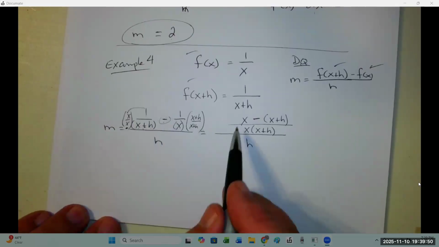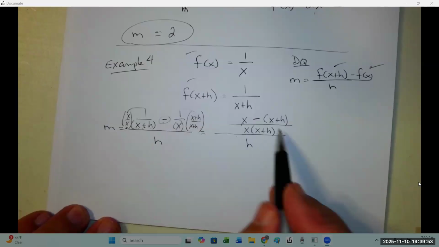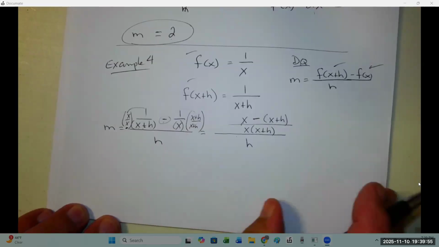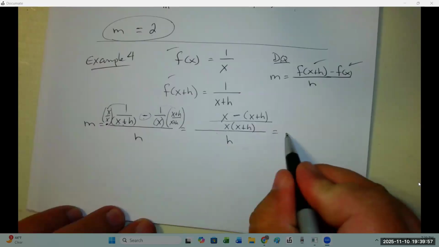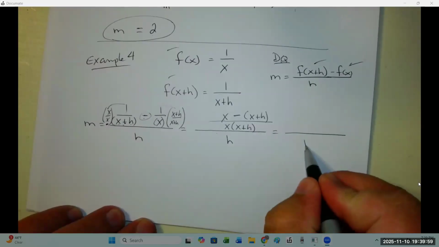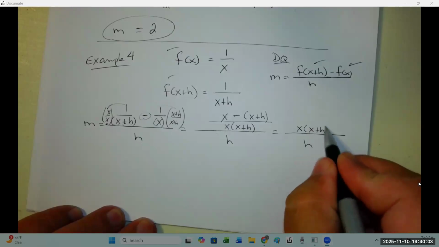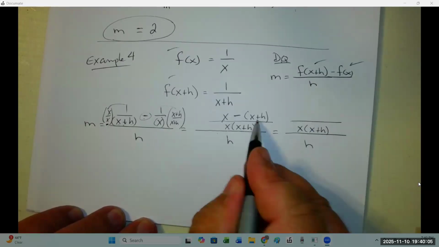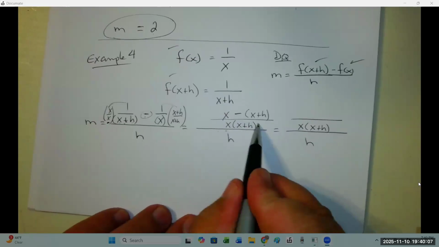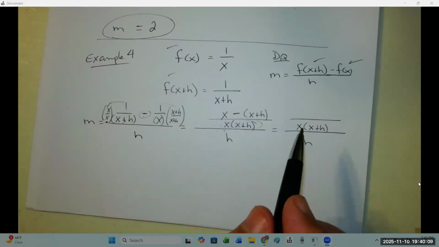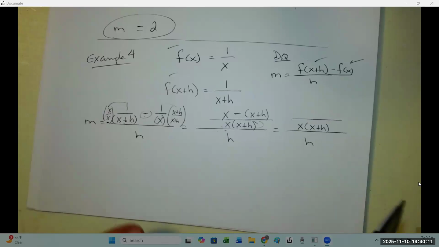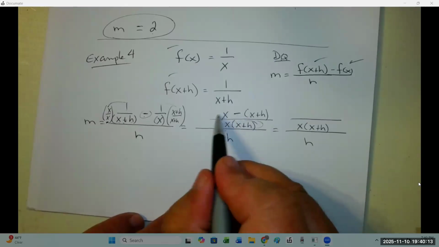So x times 1 is x. 1 times x plus h is 1x plus h, put in parentheses. H is on the bottom. The denominator is x plus h. Let's get rid of the parentheses on top. Leave the denominator alone. Don't do anything with that. If anything cancels, we'll do it later on. Right now we're doing the top.